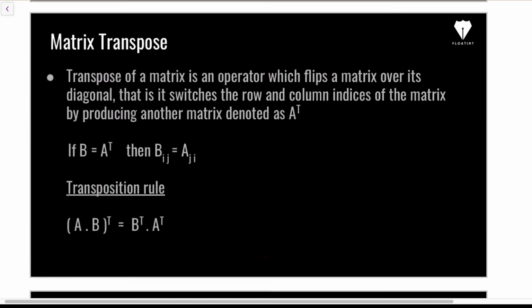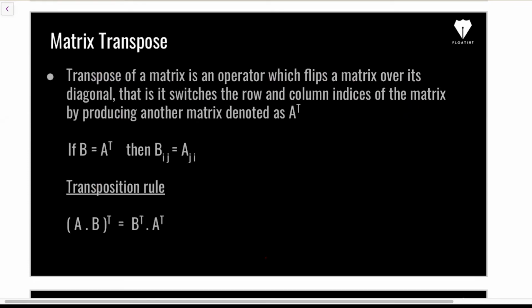Okay. So a matrix transpose I was talking about earlier. Here in this case, if B is equal to A transpose, what does this ji represent? Here ji represents the element present in A. Let's say I'm talking about A, which is a 2 cross 3 matrix.